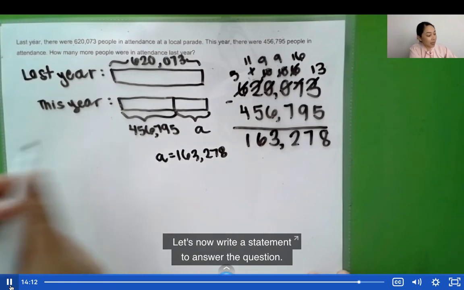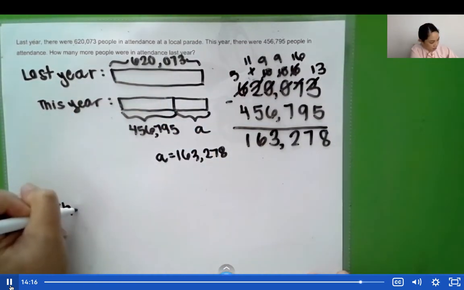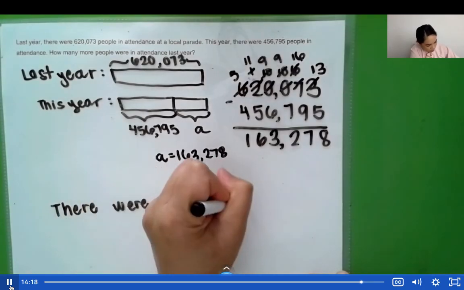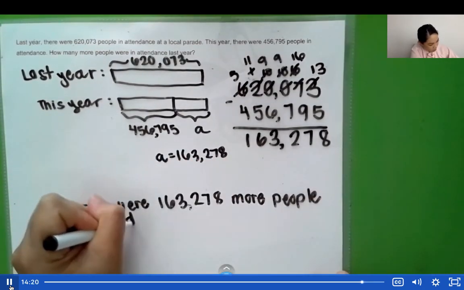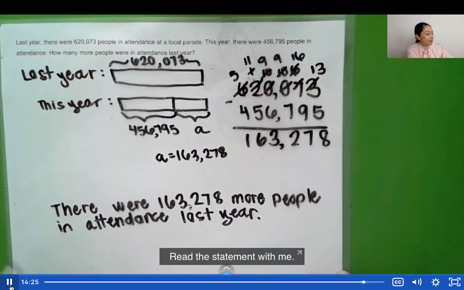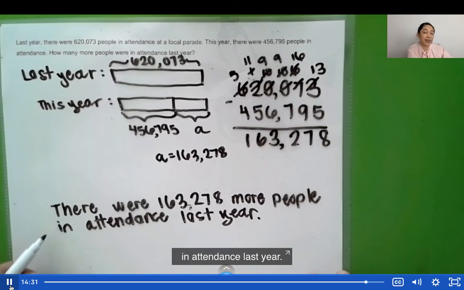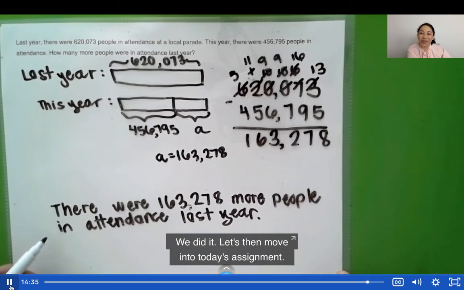Let's now write a statement to answer the question. Read the statement with me. There were 163,278 more people in attendance last year. We did it!